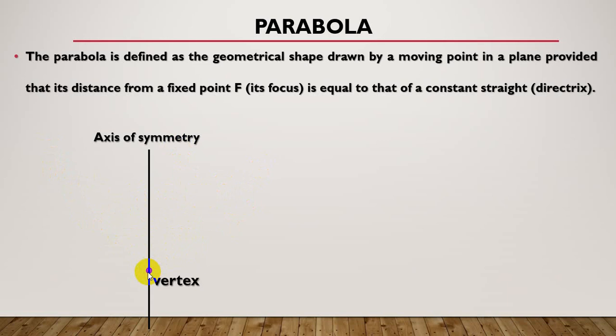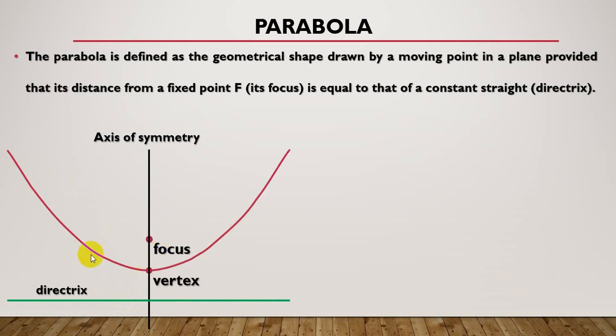If we have a vertex of that parabola, we have two distances. One is called the focus, and the other one is the directrix. Both of them indicate the parabola direction, and our curve will be something like that.